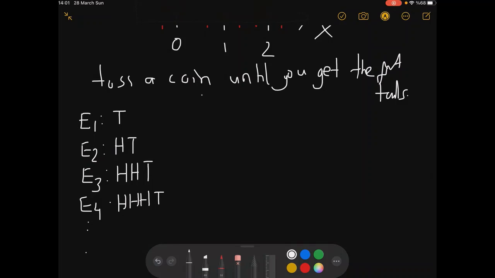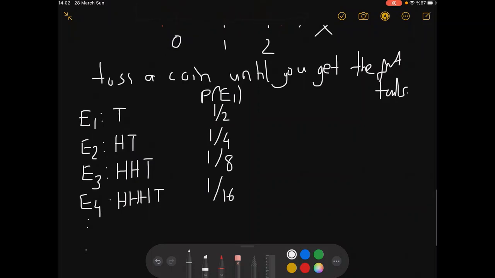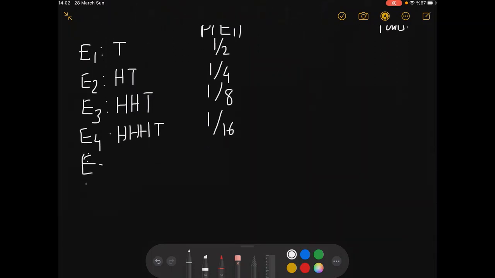If you write the probabilities of those elements, the corresponding values would be 1/2, 1/4, 1/8, 1/16. If you had, for example, E5 here, what should it be? Heads, heads, heads, heads, tails. 1/32, for example. It goes like this down.